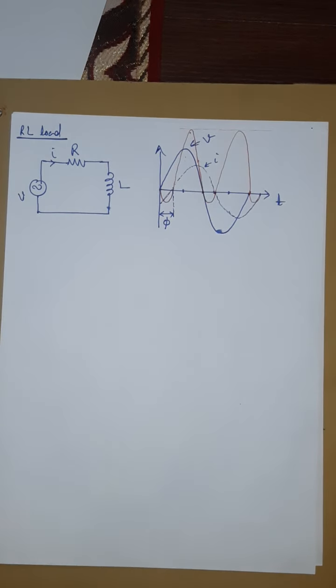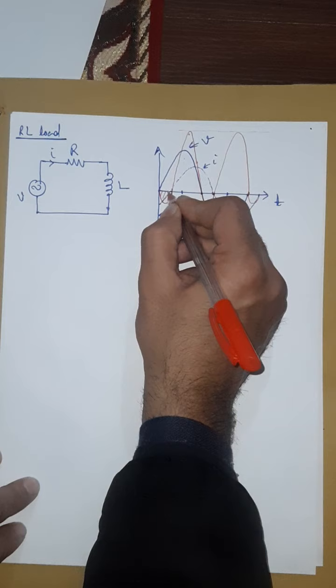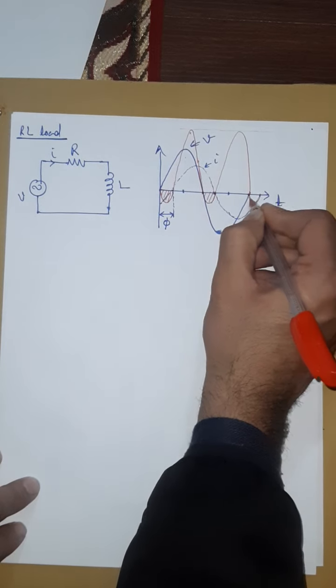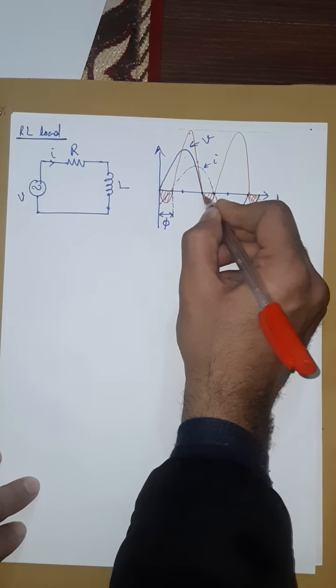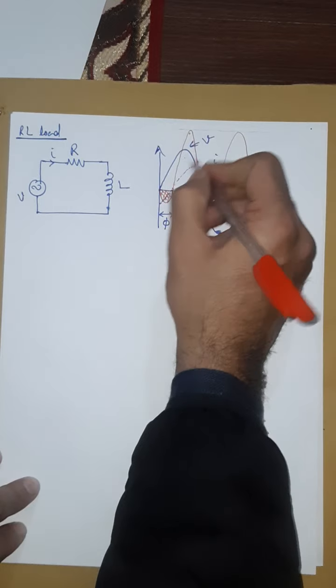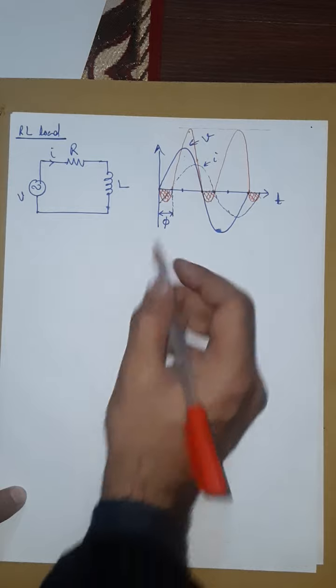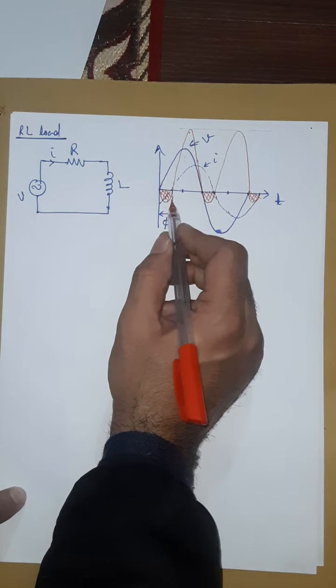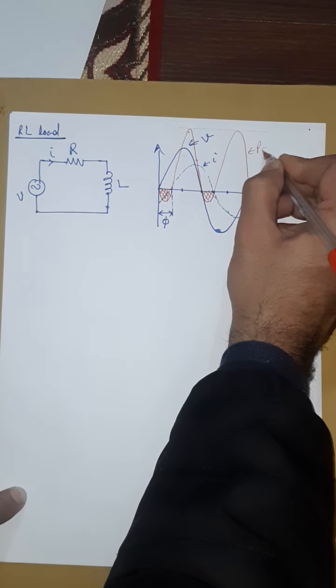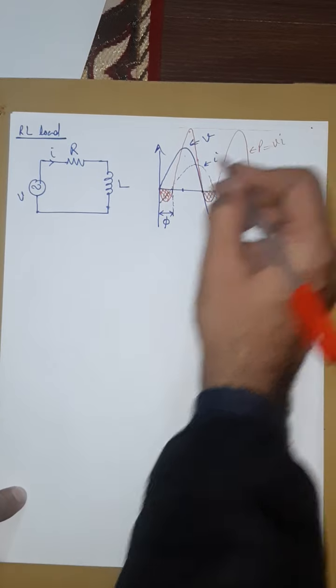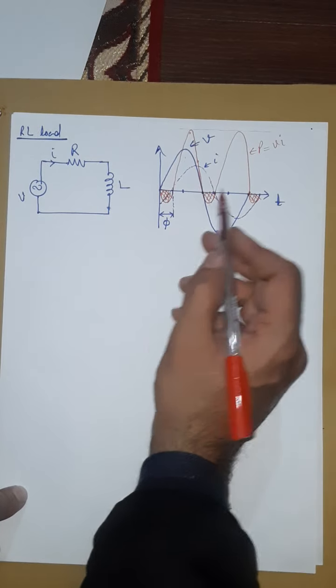Okay. So this is the dotted area, shaded area. This negative region, I am shading this region. And this is the positive area. So let's write P is equal to VI. What will be the P average?